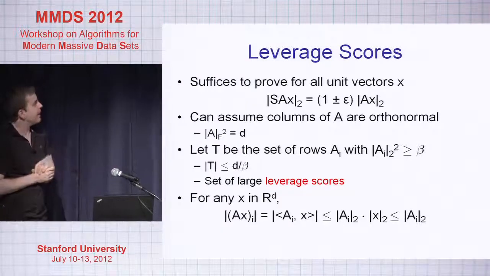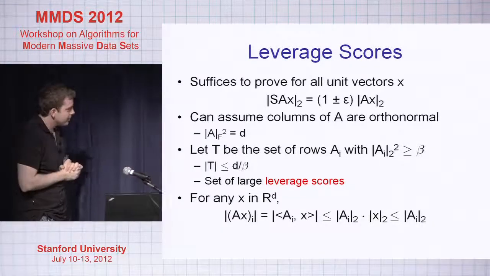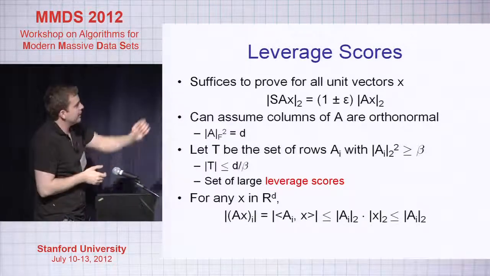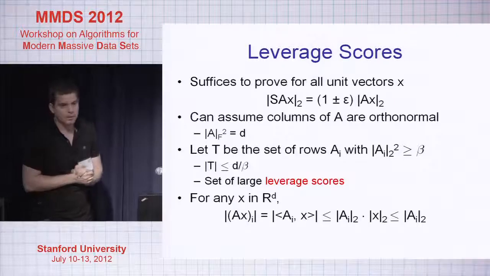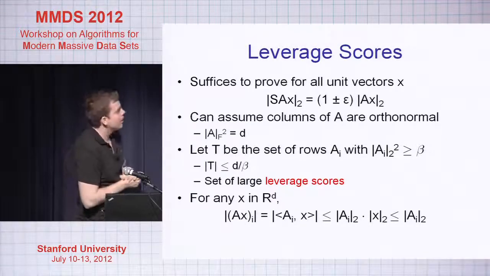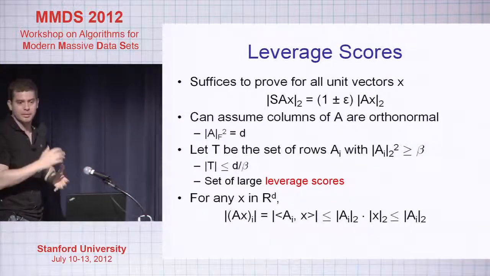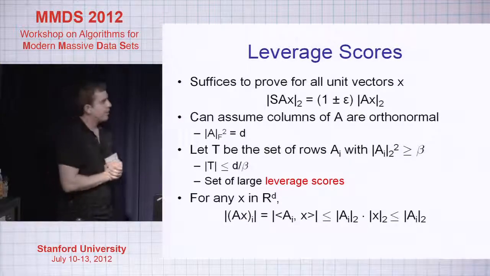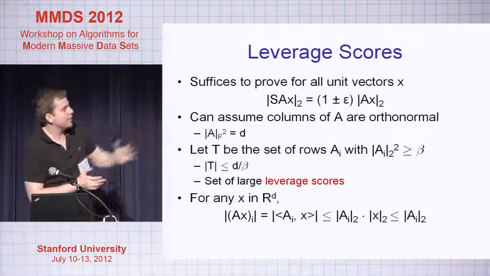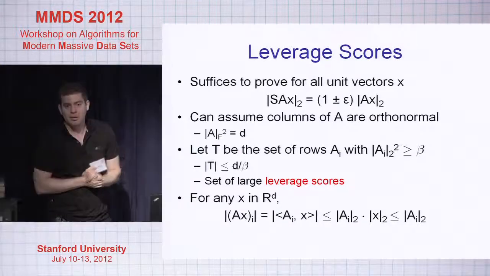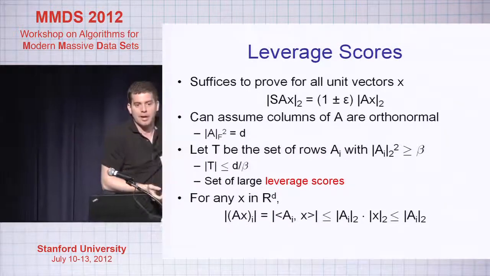And the really nice thing is that if I look at any vector x in R^d, and I look at the ith coordinate of Ax, its magnitude is just the inner product of the ith row of A with x. By Cauchy-Schwarz, this is at most the 2 norm of the ith row times the 2 norm of x. We're restricting to unit vectors x, so this is at most the 2 norm of the ith row.